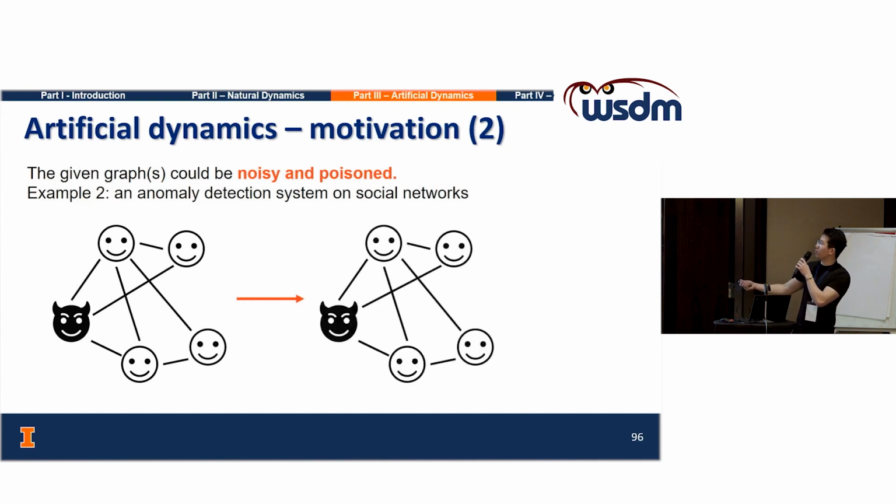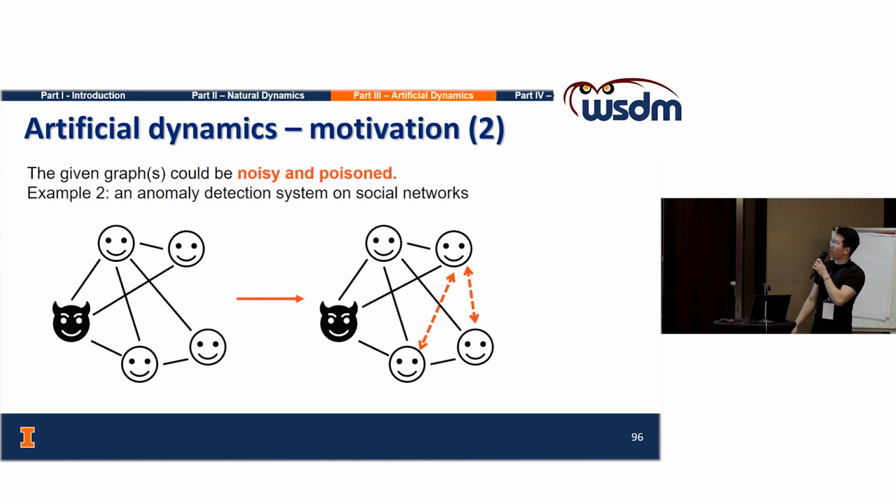So how can we do this? For our system, if we can verify that some users are good accounts, then we can manually add some links between them to enhance the patterns in the good accounts, then push the graph neural network-based anomaly detection system to distinguish the good accounts from the bad accounts, right?